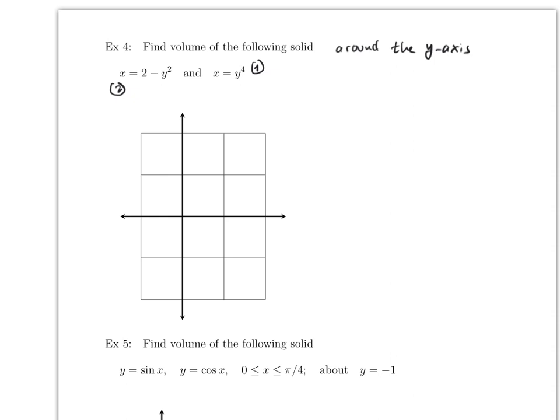So first, let's do the graph for this. Let's say this is the origin. The first graph looked like this, and the other one is going to look like this.